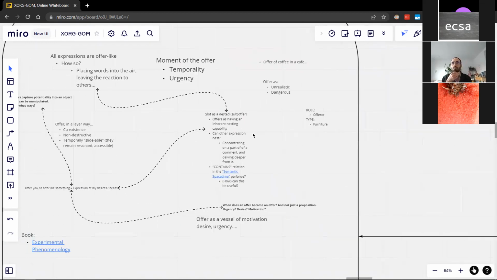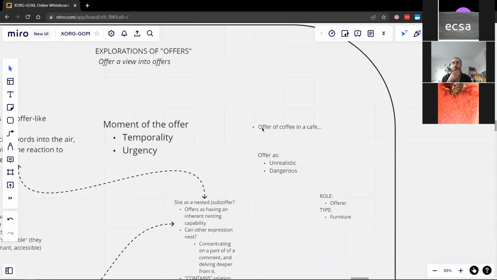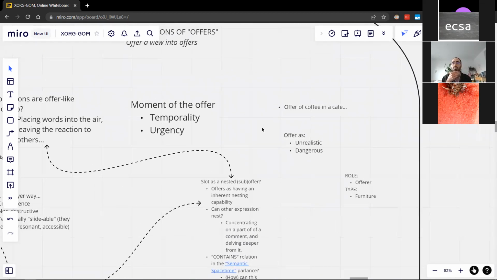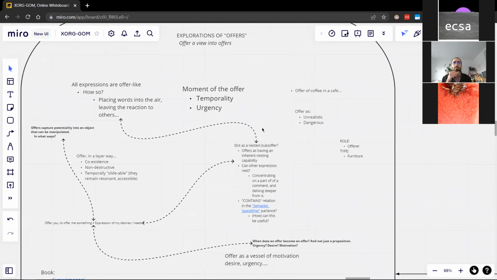But I think as a form, it's really interesting. I think it's like a raw gemstone, that could be faceted and polished in many ways, and of course it can be polished multiple times.